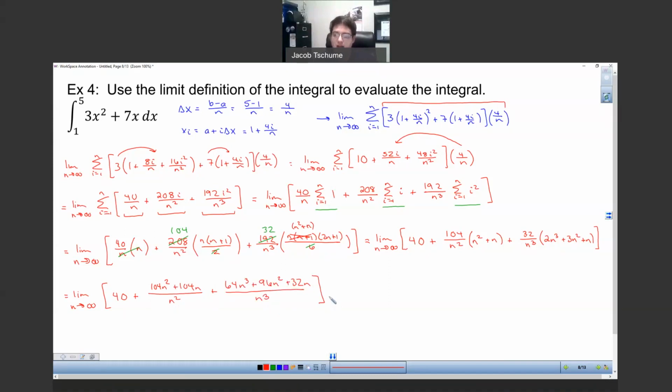Now you want to apply your infinite limit definitions to all three of these terms. So when you apply the infinite limit to all three of these, let's see what you get.